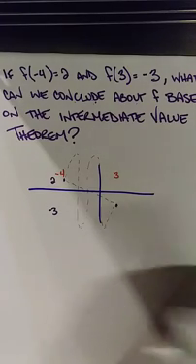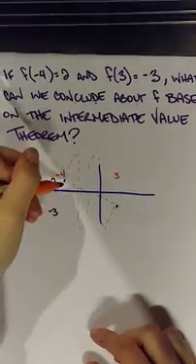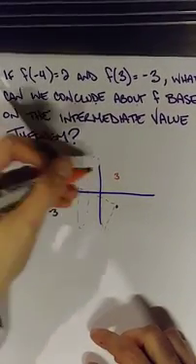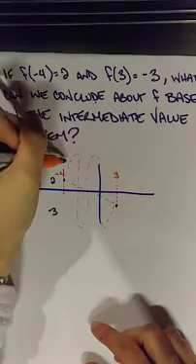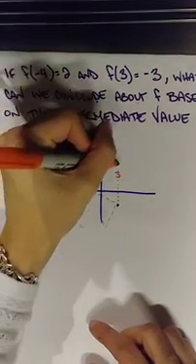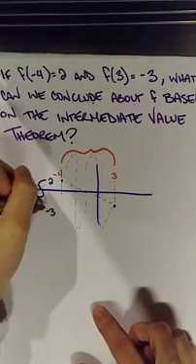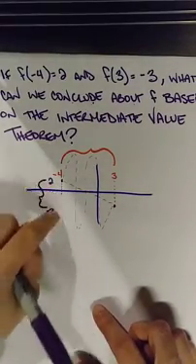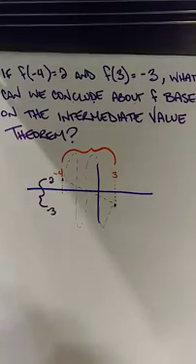So what I'm going to do is I'm just going to kind of encapsulate the intervals that are going on here with some dotted lines. So -4 is on my x-axis and 3 is on my x-axis. So my function exists that I know of from -4 to 3. And my y values exist from 2 to -3. So we always read from bottom to top, from -3 to 2.